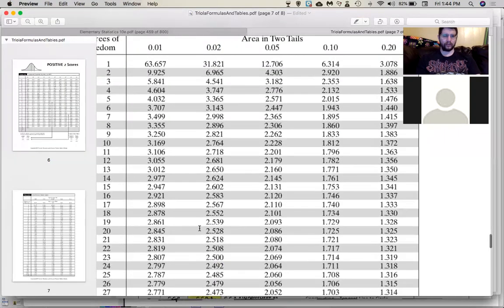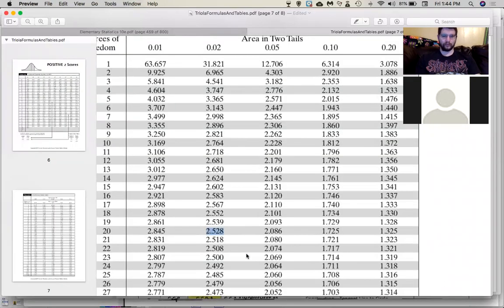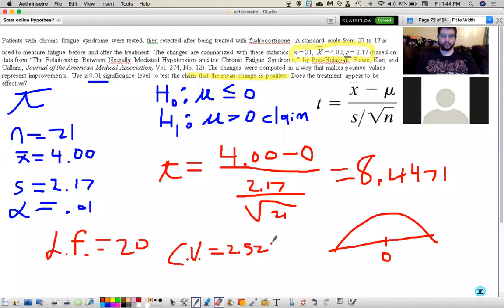Here's 20, so my critical value is 2.528. Let's stick it right about there. 2.528.